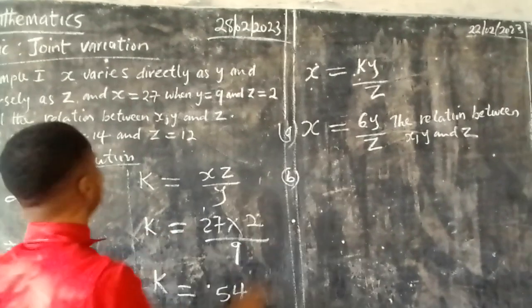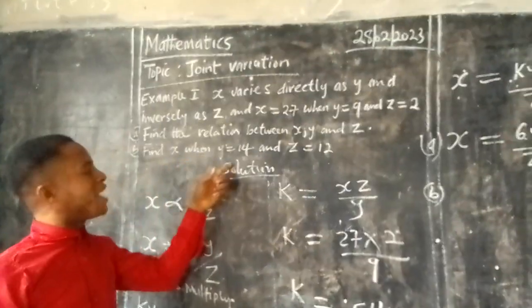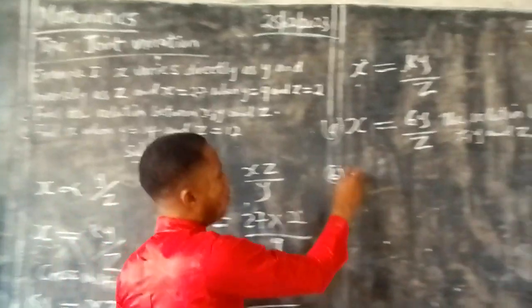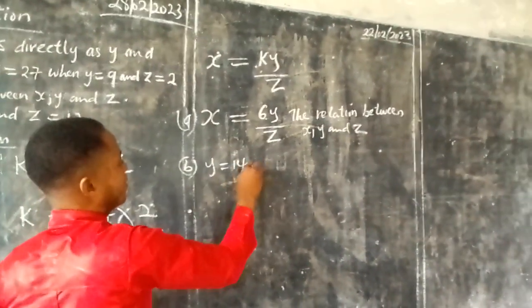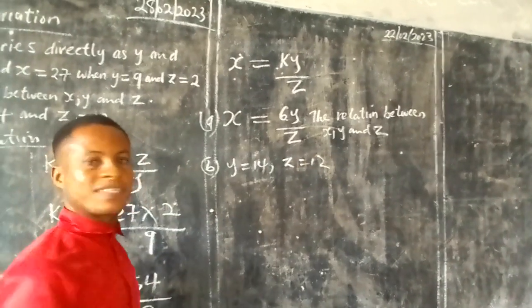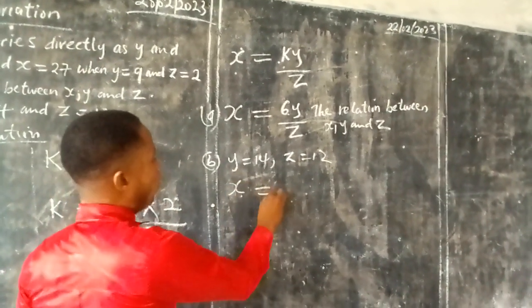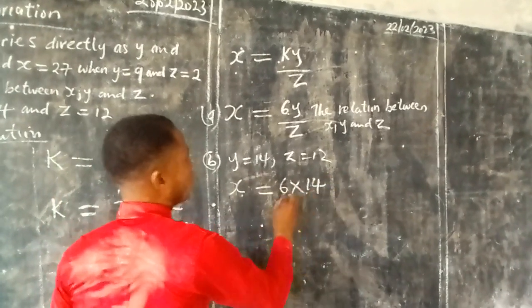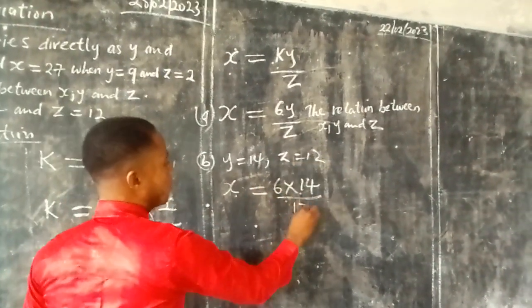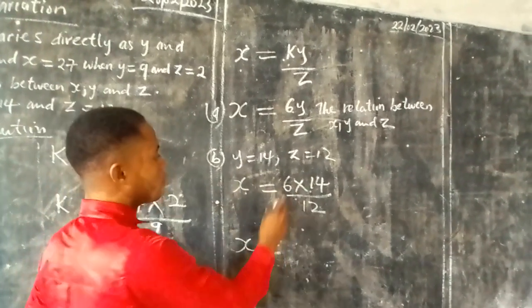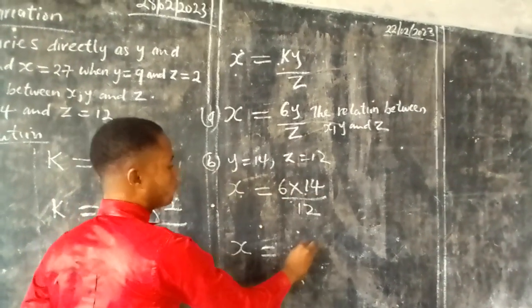Question B says find x when y equals 14 and z equals 12. When y equals 14 and z equals 12, what's the value of x? x will be equal to 6 times y, 14, all over z, 12. So x is equal to 6 times 14. 6 times 4, 24.